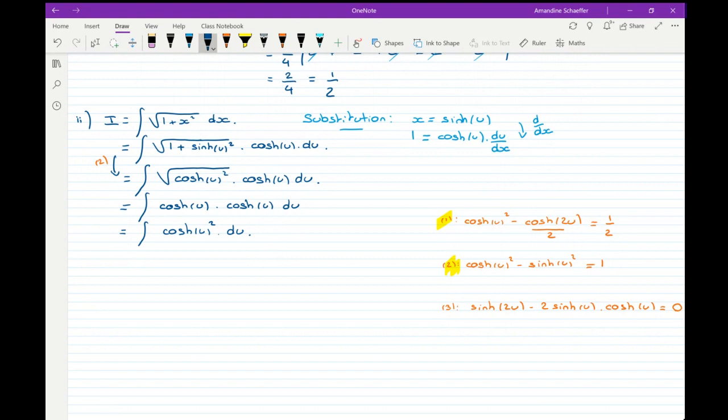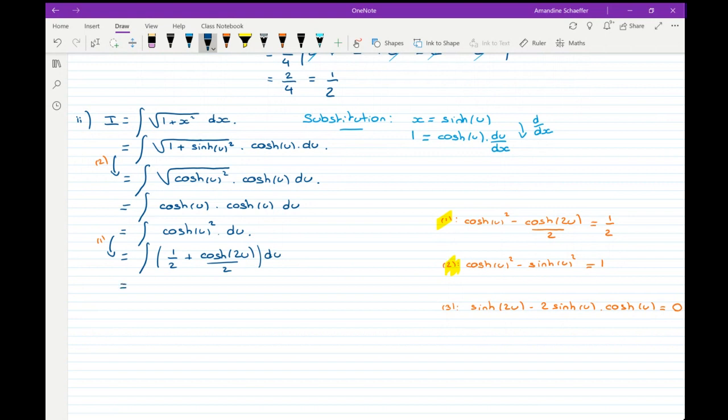Now the integral of cosh squared is a bit tricky, so I'm going to have a look at the help. The first one gives you a link between cosh squared and cosh 2u, which is going to be easier to integrate. So here I'm going to use the first one: cosh squared of u equals 1/2 plus cosh 2u over 2, du.